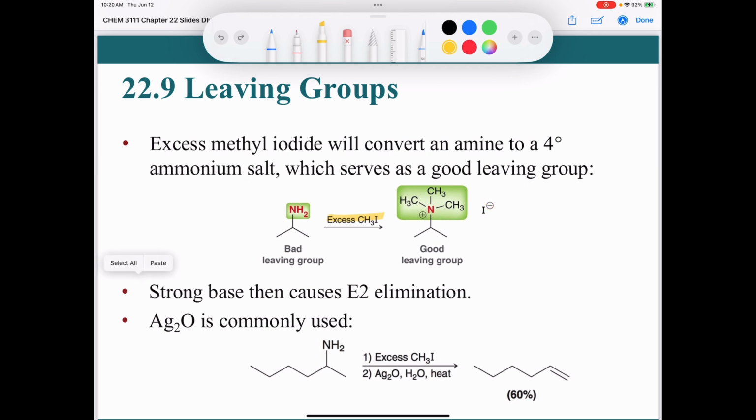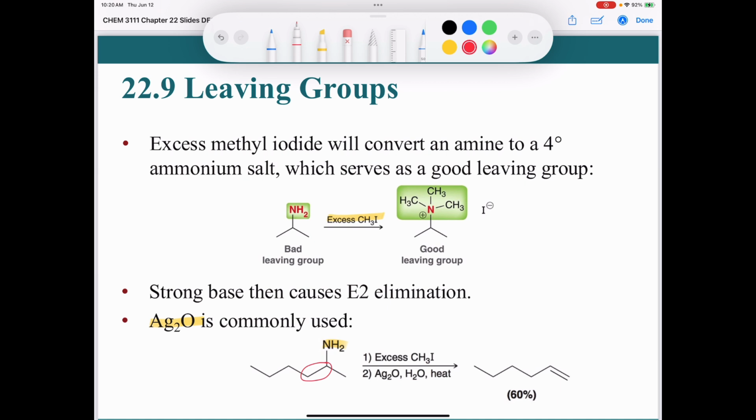And so now when we treat this compound or a derivative of this compound with a base, we can do an elimination. Now, the base that's commonly used is not sodium methoxide, is not tert-butoxide, is not DBU, is not DBN, is not any of those guys. It's silver oxide, okay? And I'll get into that in a little bit more detail here, but if you want to do a Hofmann elimination of an amine, think about it.